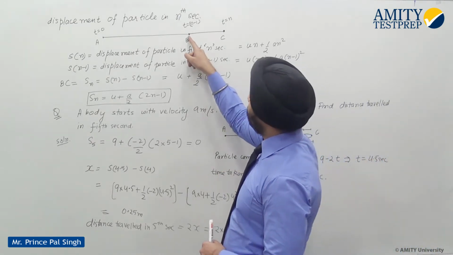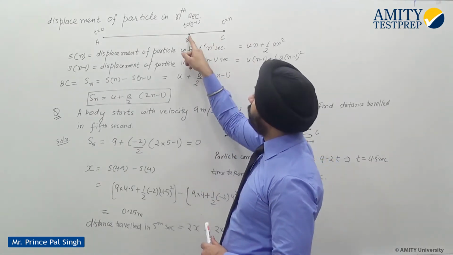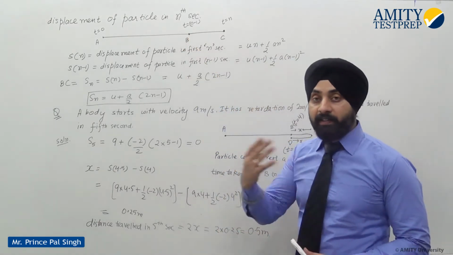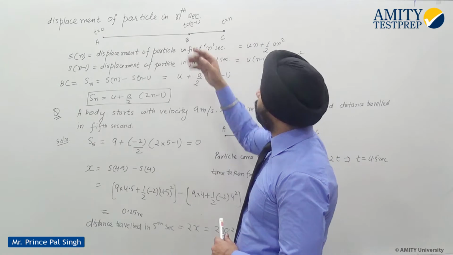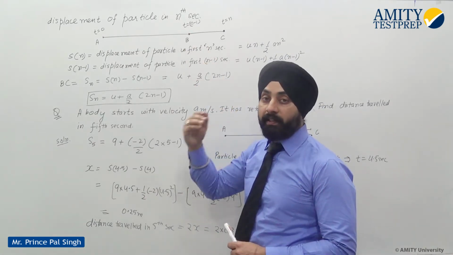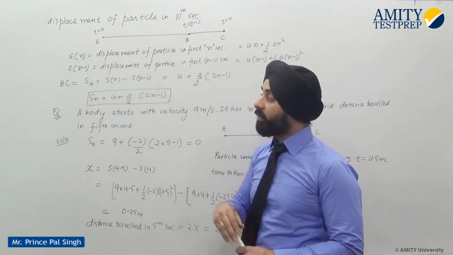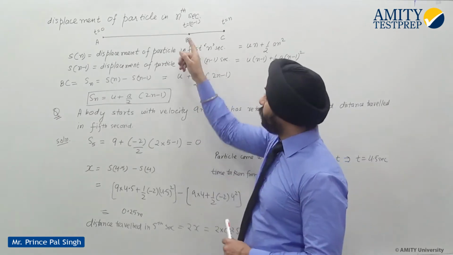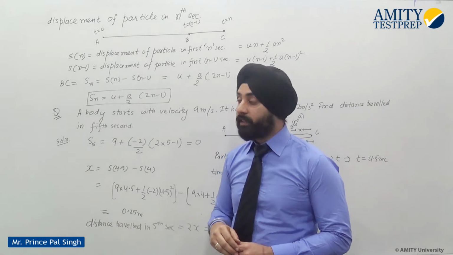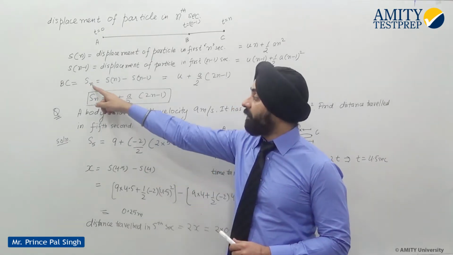The displacement B to C: over here you see that n minus 1 seconds are completed and the nth second is going to be started at point B. So from point B onwards the nth second has started, and up till point C the nth second is completed. So B to C is the displacement in the nth second. We will write n in suffix.